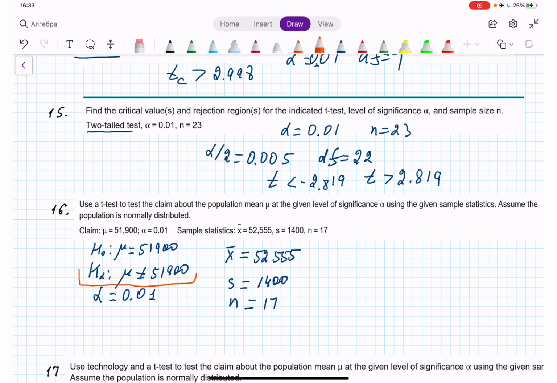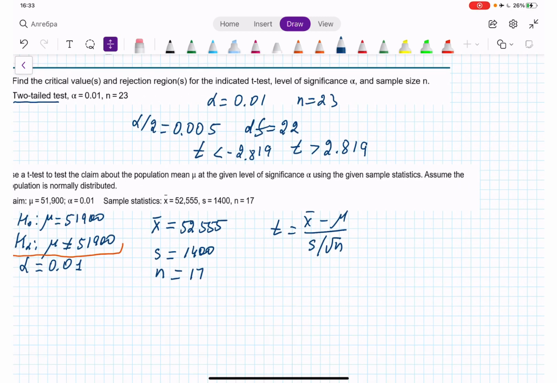Okay, and next question, what is the value of standardized statistics? For t-test, standardized statistics formula is equal x bar minus mu over S divided by square root of n instead of sigma.